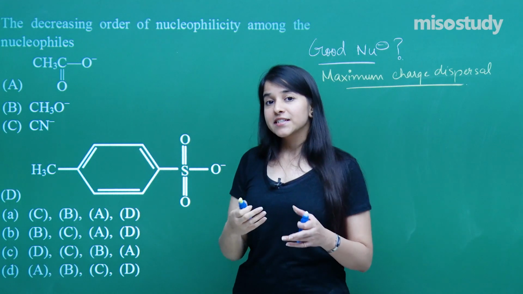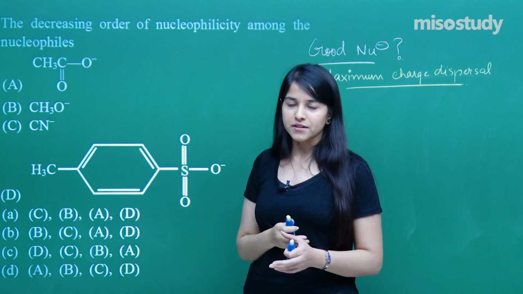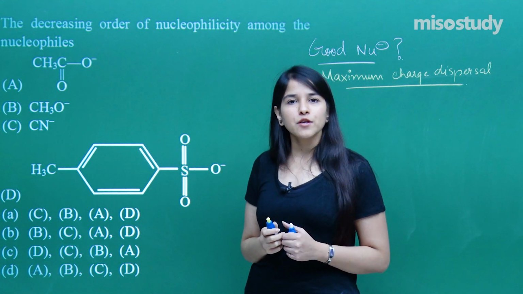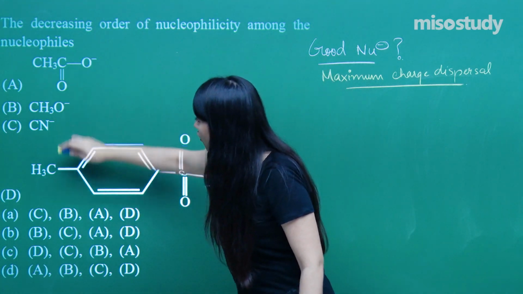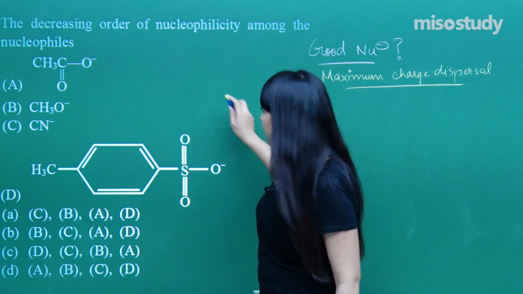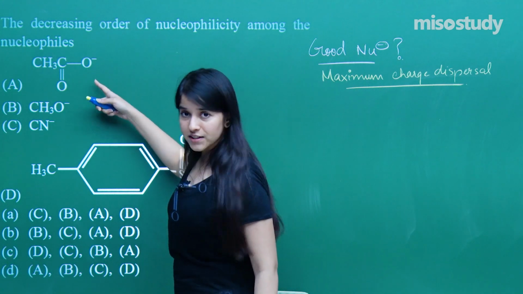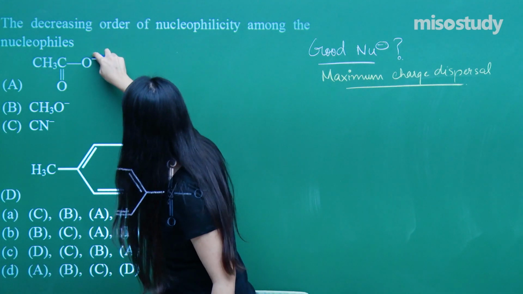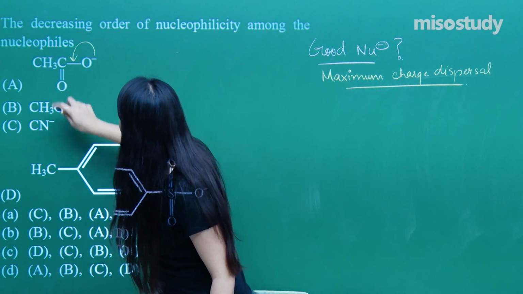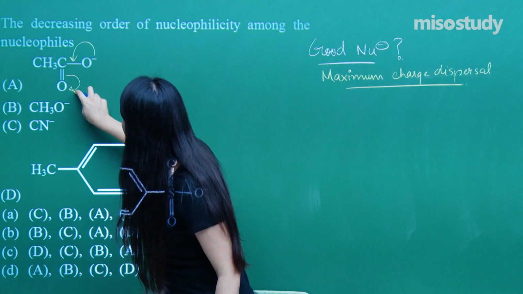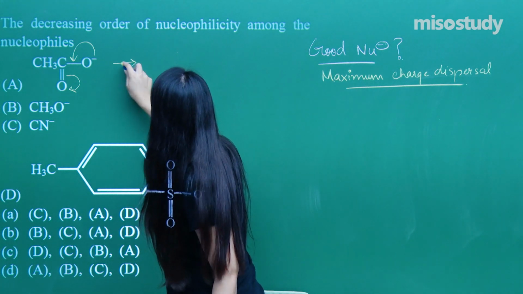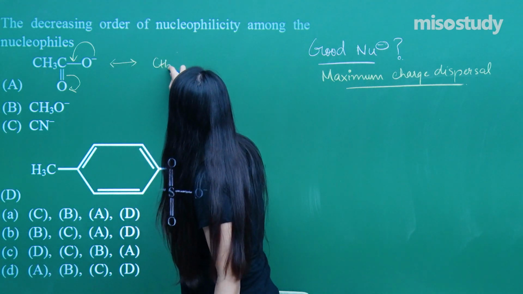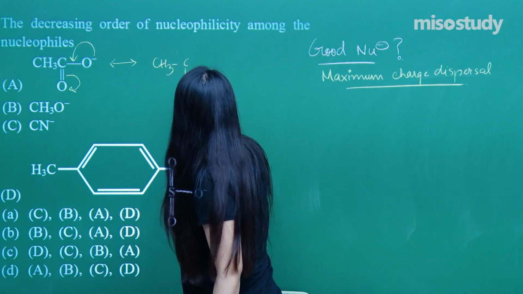So if it is resonance stabilized, then definitely the nucleophile will be having a better charge dispersal. So out of all, what do you see? Here we have got a resonance stabilization. Can I make the resonance structures? Definitely. That is how we are going to make the resonance structures over here. I hope you all are able to make that. What will be the structure over here? O negative.